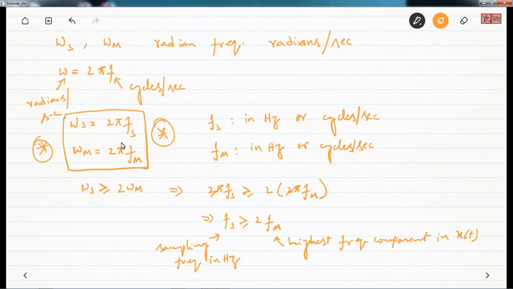Right. So from this discussion so far, what we understood is that the sampling frequency should be greater than or equal to 2fm, or equivalently it should be something like this, right? So the minimum sampling frequency is equivalent to twice the maximum frequency component in the signal to be sampled, twice the maximum frequency component, which is equal to omega n. So the minimum sampling frequency is called Nyquist frequency.